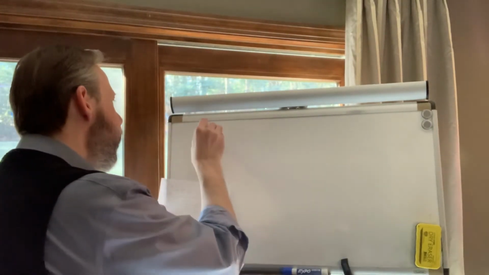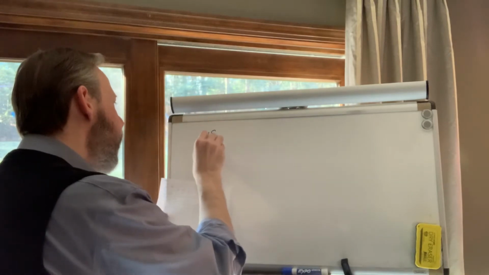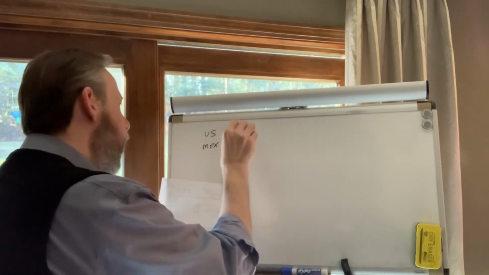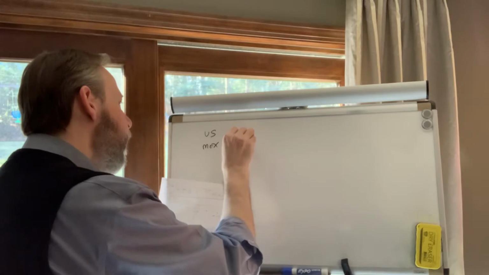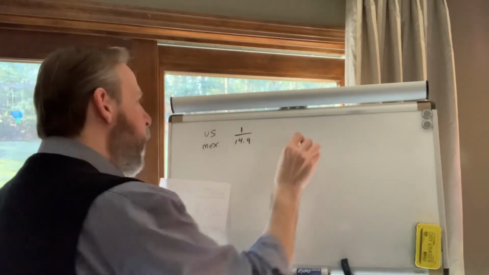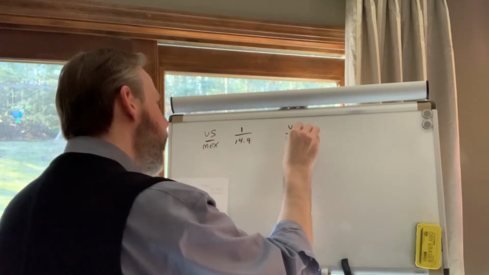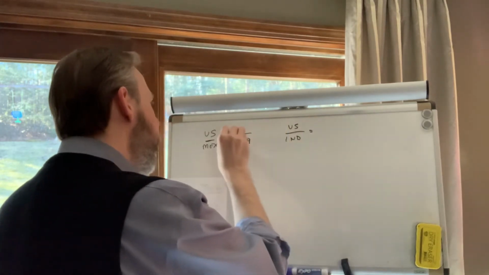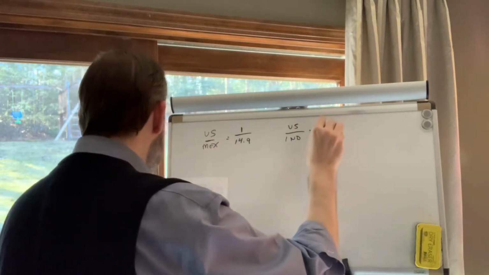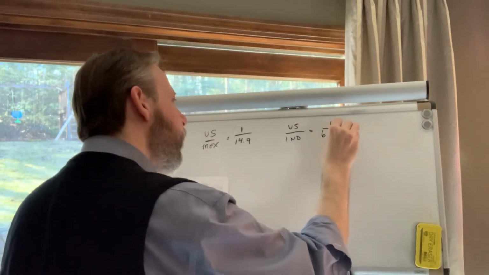So we have the US to the Mexico ratio of 1 to 14.9. We also have the US to the Indian rupee ratio of 1 to 62.2.